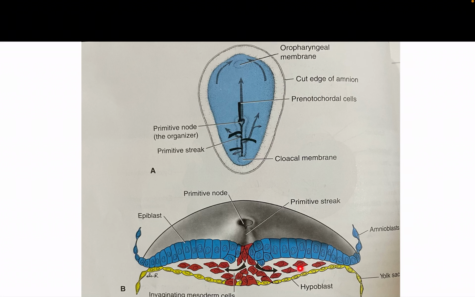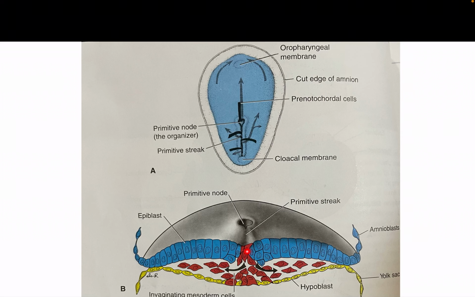They start settling over there and displace it. This is the newly created layer which occupies the space between epiblast and hypoblast, named the intraembryonic mesoderm. This phenomenon, in which epiblast cells migrate to the primitive streak, pass through the primitive groove and settle between epiblast and hypoblast, is named ingression.